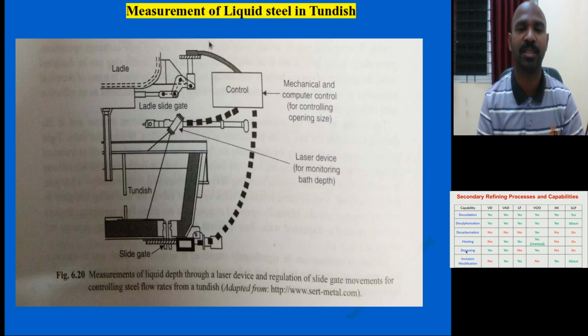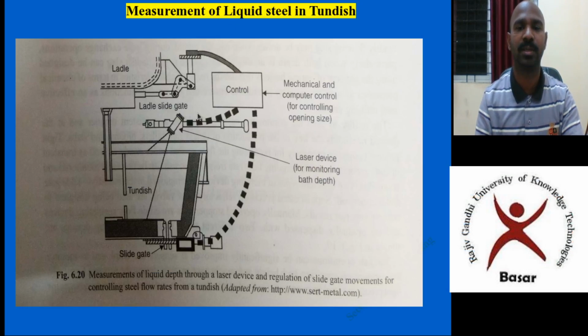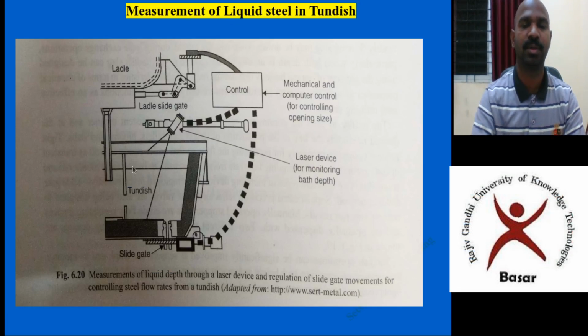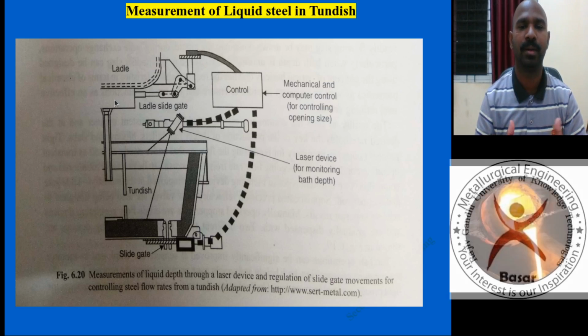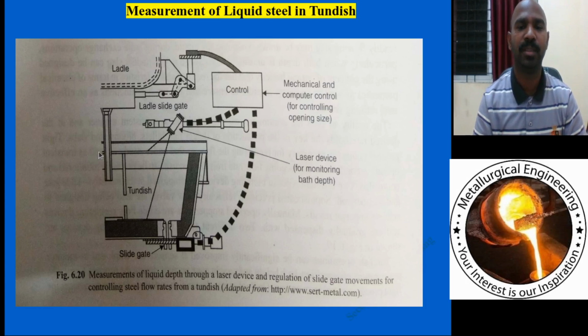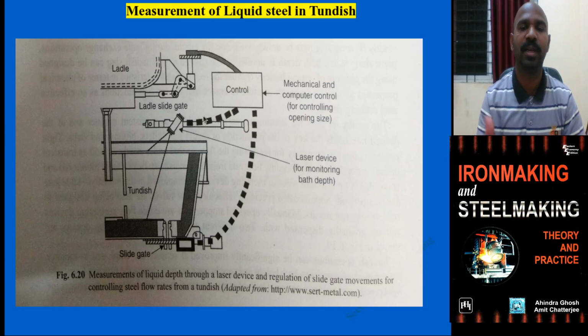The other part is, how do you measure the depth of the steel after the tundish is completely filled? You stop the ladle, the upper ladle, above the shroud. You use a laser light, which can be slid here and there with slide motion control.